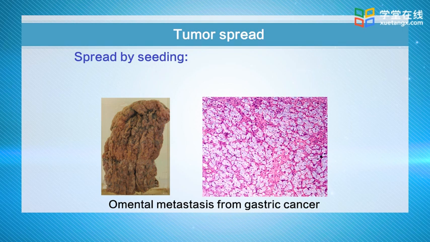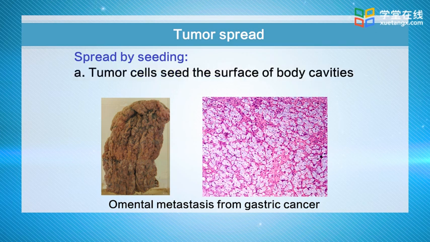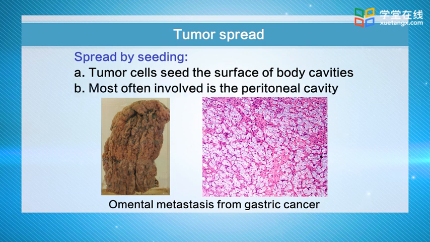Spread by seeding occurs when a malignant tumor invades a natural body cavity. This mode of dissemination is particularly characteristic of cancer of the ovary, which often covers the peritoneal surface widely. Metastatic tumor cells, besides reproducing uncontrollably, lose cohesiveness, get detached from the primary tumor and set up colonies.